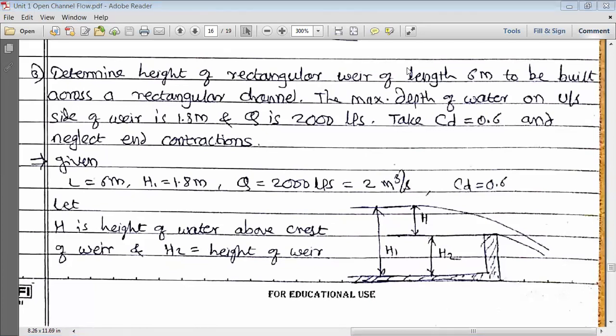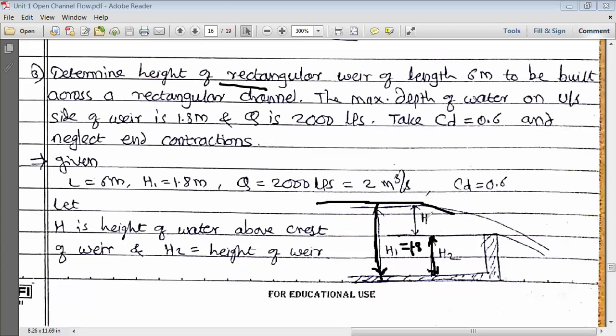Read the problem. See, it is asked to find height of the rectangular weir. The height means this H2, काढायचं. दिले का आपल्याला maximum depth of water on the upstream weir is 1.8 meter. पाण्याची जी लेवल आहे height maximum आहे H1, and this H1 is nothing but 1.8 meter.